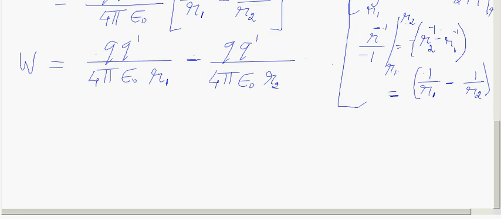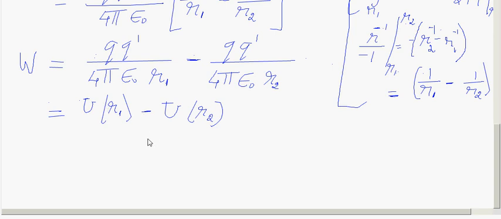So this can be written as U of R1 minus U of R2, that is, work done is equal to the change in potential energy in moving the test charge.